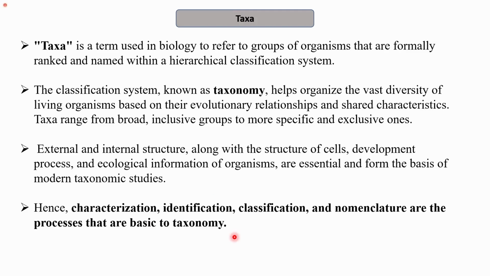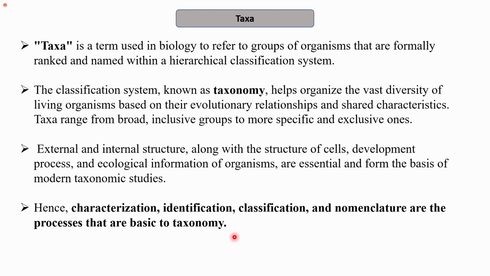Firstly, suppose I found an organism, I need to characterize that organism: this organism has this feature, this feature, this feature. Then after identification and characterization of that organism, I need to classify it under a particular group.